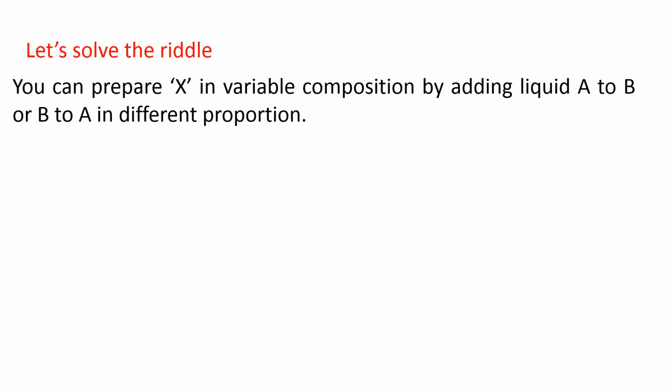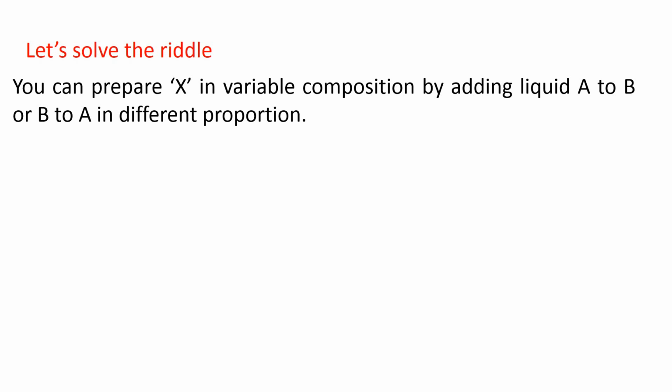See, the riddle, the first clue is given. You can prepare X in variable composition by adding liquid A to B or B to A in different proportion. That means X is prepared by mixing the two liquids. So it is a two liquid mixture.